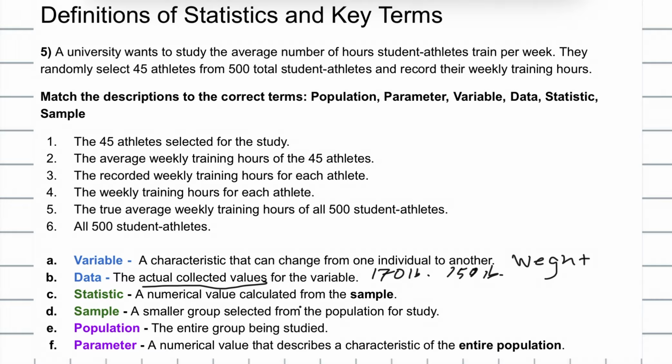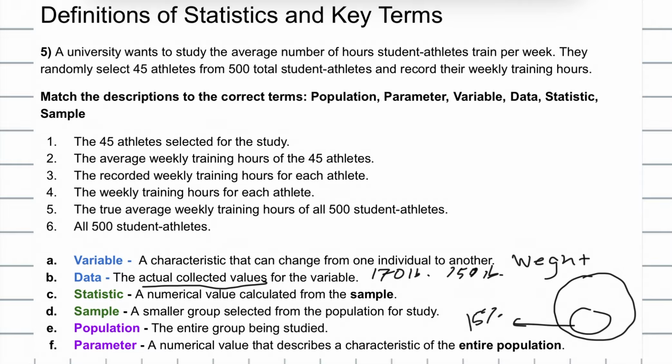A statistic is a numerical value calculated from the sample. A sample is a smaller group selected from the population under study. So usually, as I explained before, the sample is part of the population, and the population usually is a larger group. When we think about the statistic, it could be percentages, right?